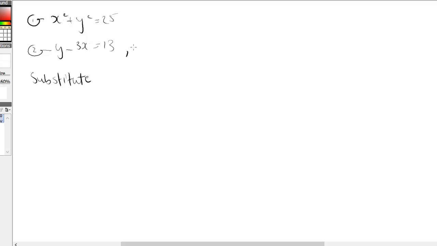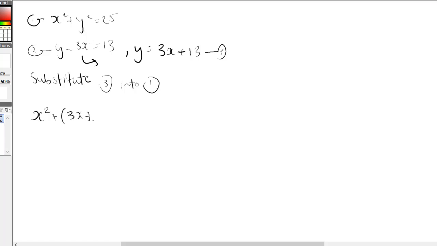So if we rearrange this, make y the subject, we get 3x plus 13, because I've just simply moved that minus 3x to the other side. You can call this 3. So I'm going to substitute 3 into 1. So I get x squared plus (3x plus 13) squared equals 25.